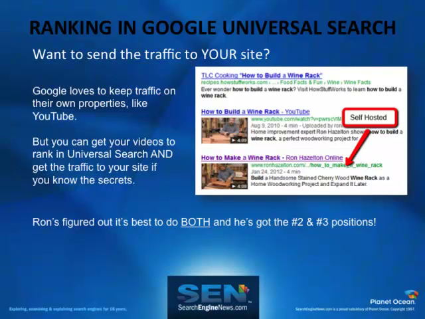I'm sure you've all seen these video listings when somebody does a search at Google, but a lot of people don't realize that you can actually get this search result here and have that go to your own website, and that'll drive traffic. This nice big image here really does help click-through rates, and Google does like to see that you've got video on the page.